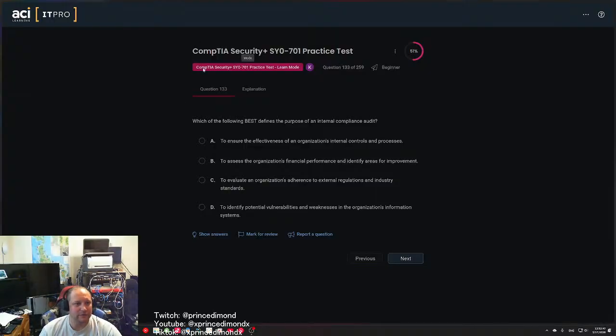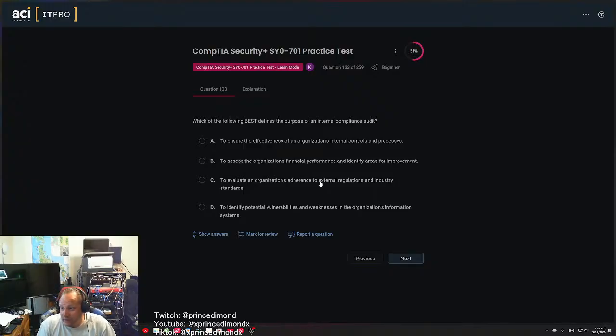So let's do this here. Okay. Which of the following best defines the purpose of internal compliance audit? Yeah, we never did this one. So ensure the effectiveness of an organization's internal controls and processes. Adherence to external. So this gets tricky. An internal compliance audit is going to be based upon your internal processes.